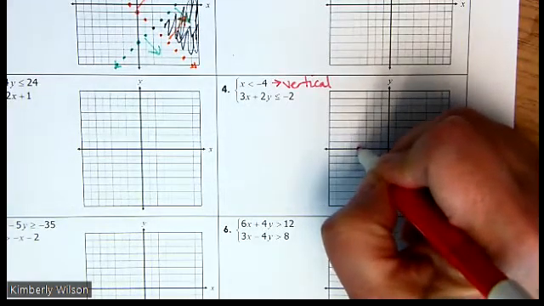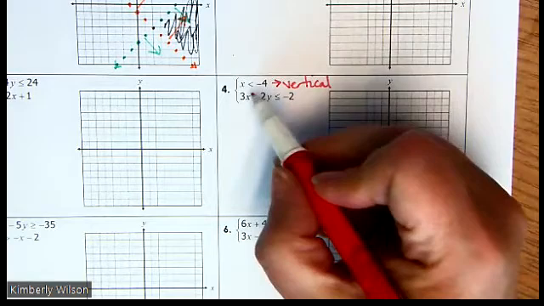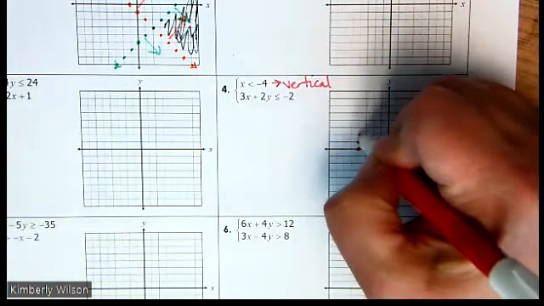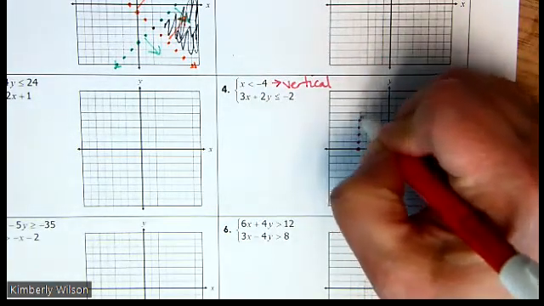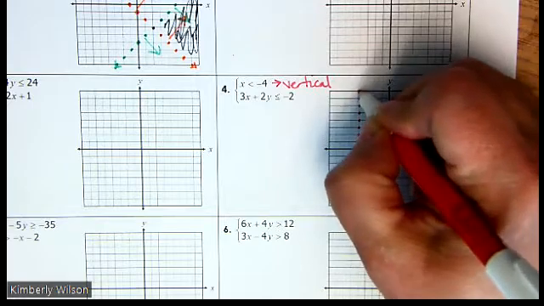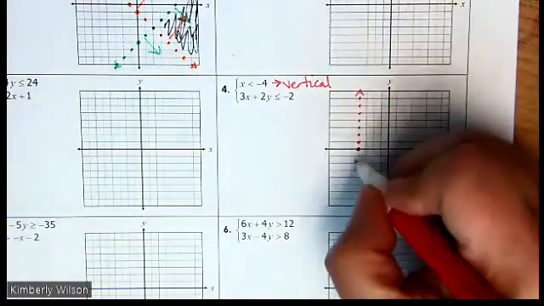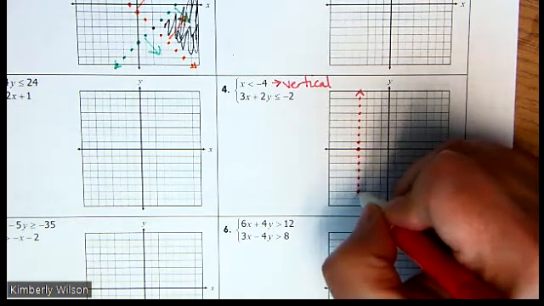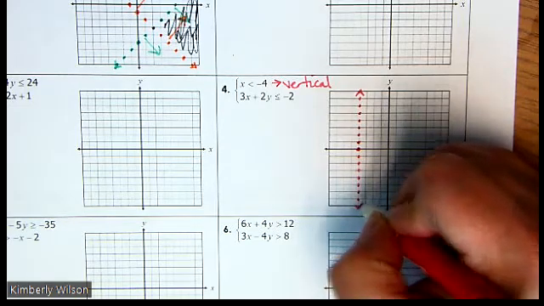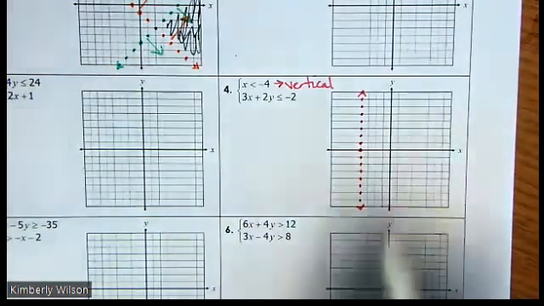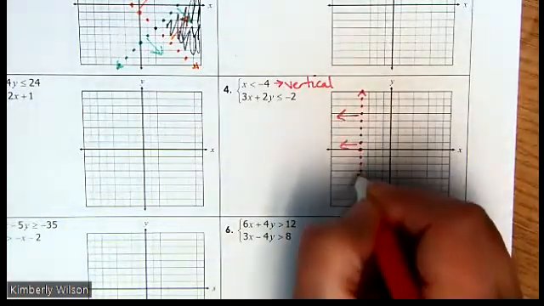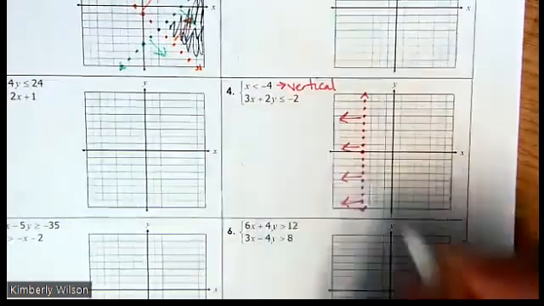But again, this is a dashed or dotted line because it does not have the equal to bar, and it's everything that's less than. So that means I'm shading in this direction.